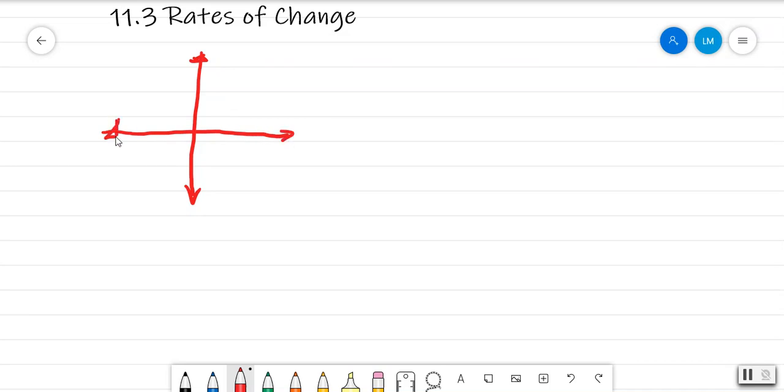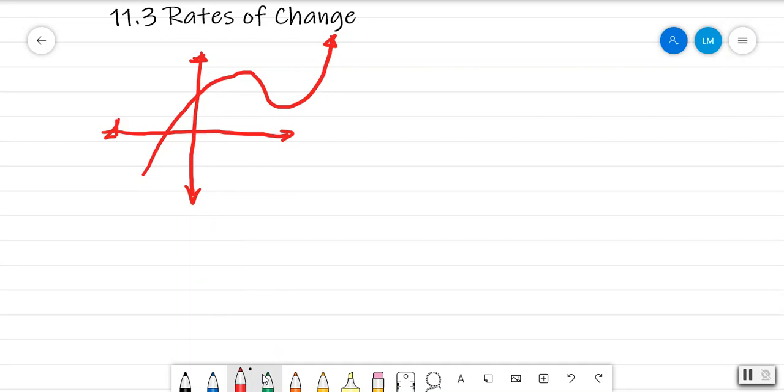I have that if I pick a function, let's say that we have a function that maybe looks something like this. Okay, now let's say that we pick a value.